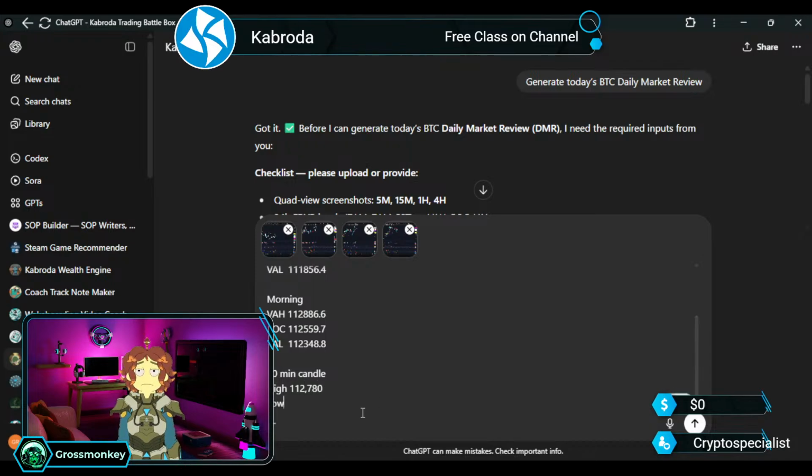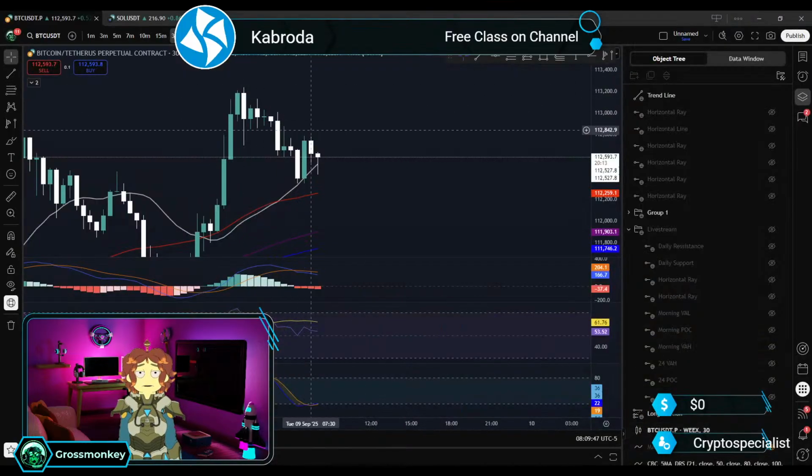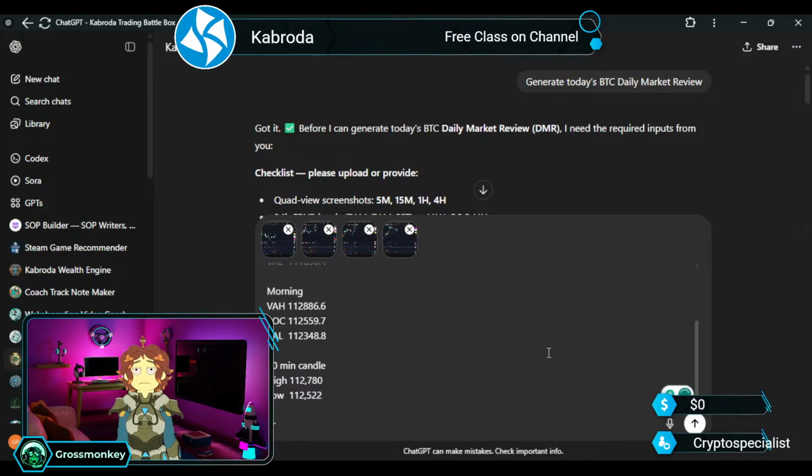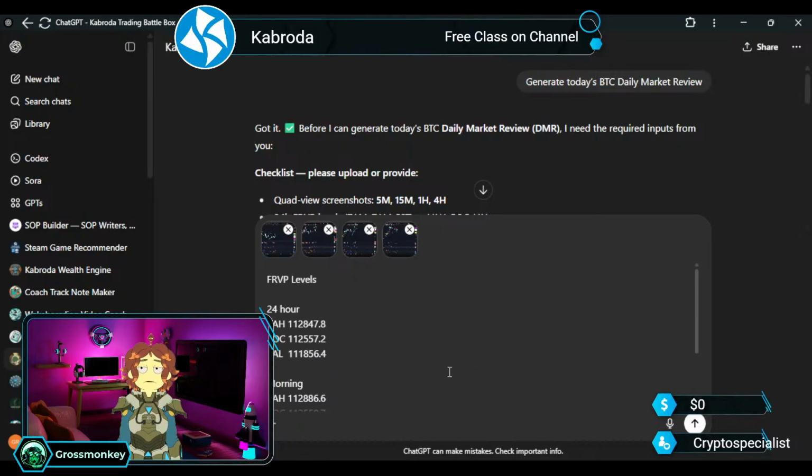Then we'll head back there and get the low. That's going to be 112,522. So now we have all our different levels on there.